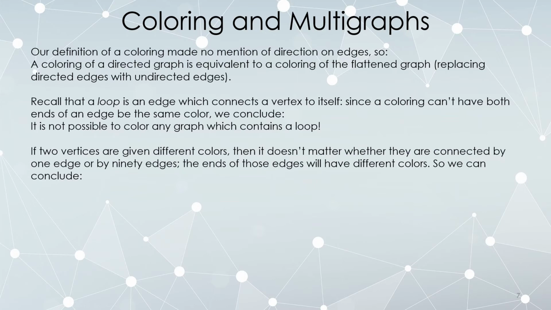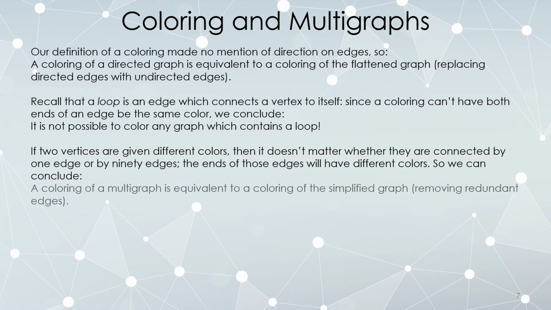Now, if 2 vertices are given different colors, it doesn't actually matter whether they're connected by 1 edge or by a million. The edges are still connecting 2 vertices of different color. So not only does the direction of an edge not matter, but whether there are multiple edges connecting the same vertices doesn't matter. So a coloring of a multigraph is equivalent to coloring the simplified graph. Remember, simplifying a graph is where you remove redundant multiple edges.